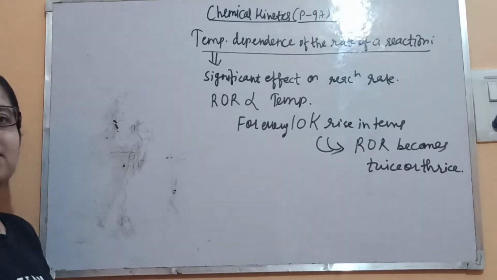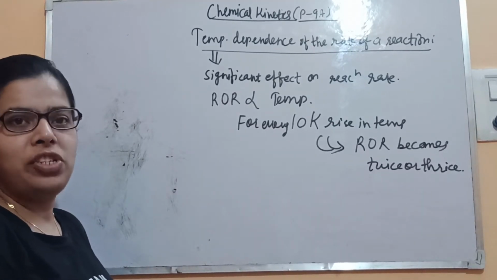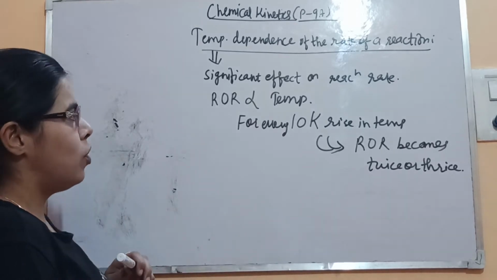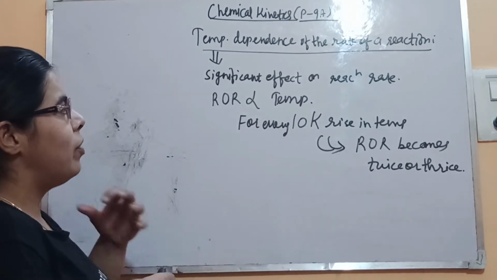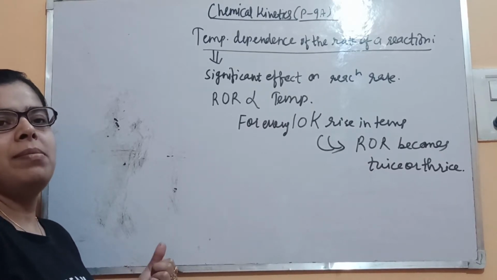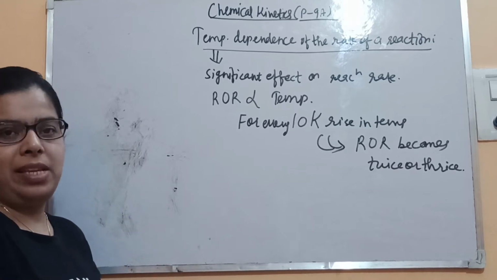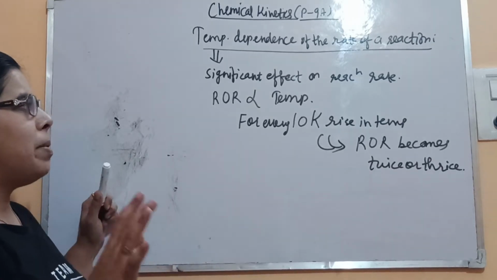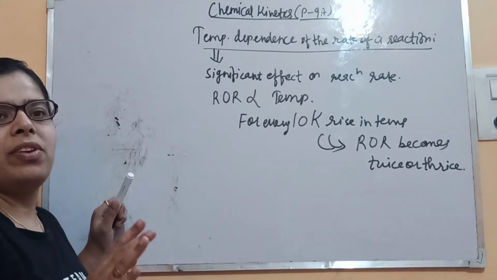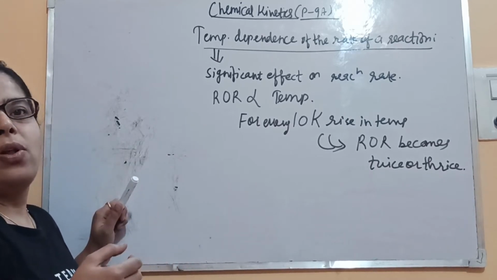So this can be studied in the form of one term, that is temperature coefficient. So let's see what is temperature coefficient. We have seen that for every 10 Kelvin rise in temperature, rate of reaction becomes thrice or twice, or you can say even more than this. So temperature is having a marked effect on the rate of the reaction. Temperature will increase, rate of reaction will also increase.